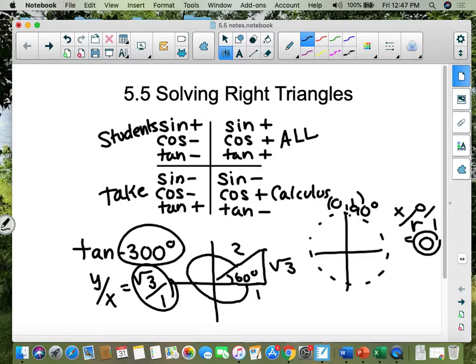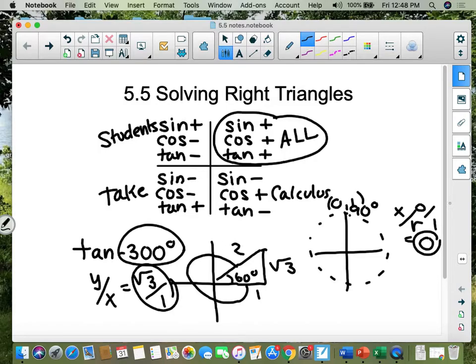All: sine, cosine, tangent are all positive, correct? Students starts with the letter S, and the one that starts with S is the only one that's positive in that quadrant.